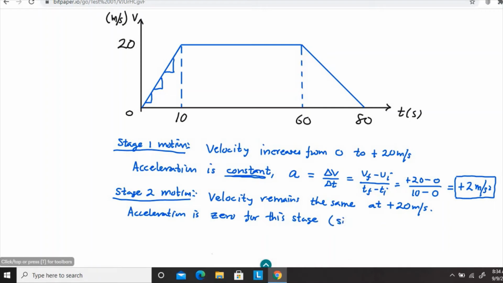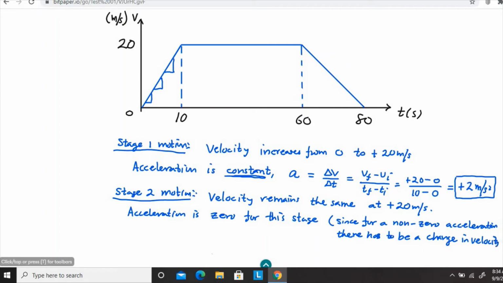because for a non-zero acceleration, there has to be a change in velocity.